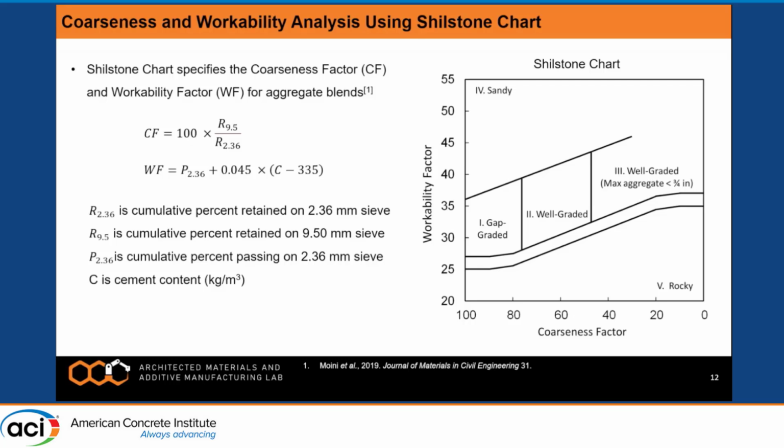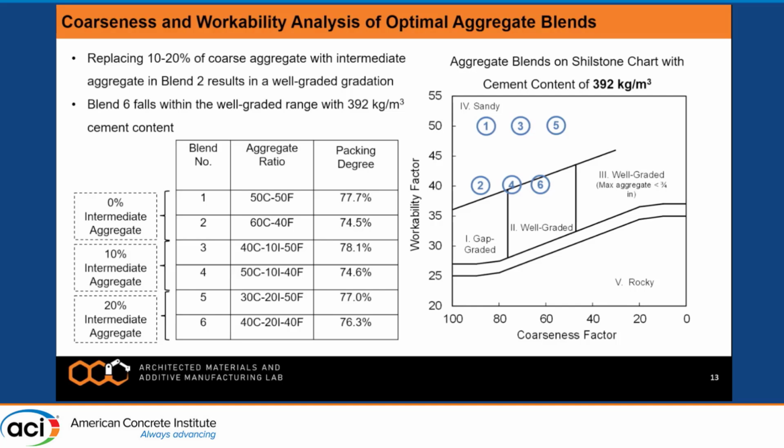And as you can see, this also depends on the amount of the cement content that you are using in your mix design. So when we put all of our optimal cases on the Shilstone chart, for the cement content of 392 kilogram per meter cube, we see that our optimal blends lie mostly in the sandy region.